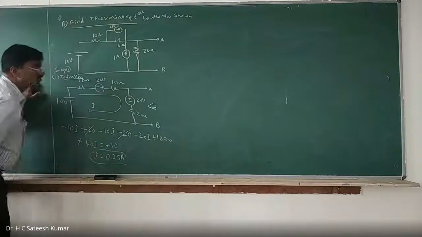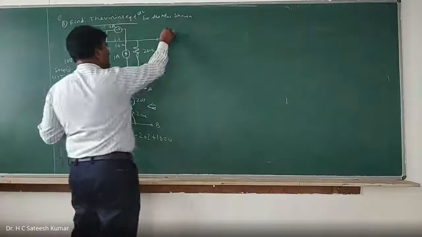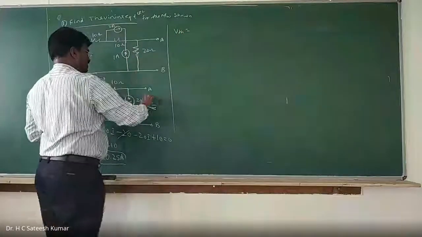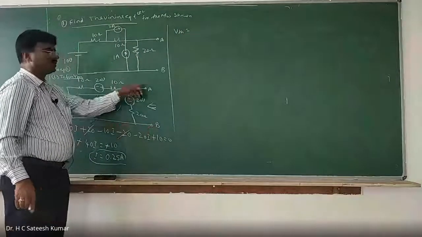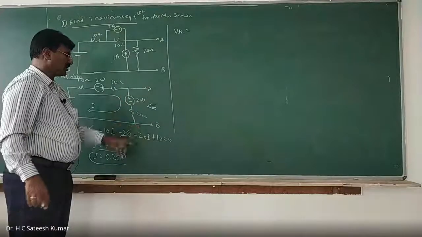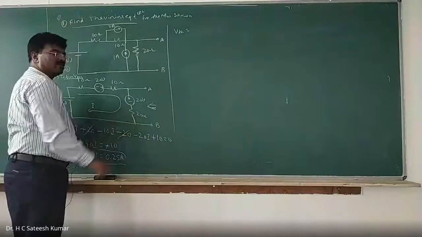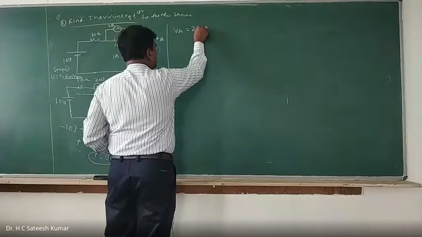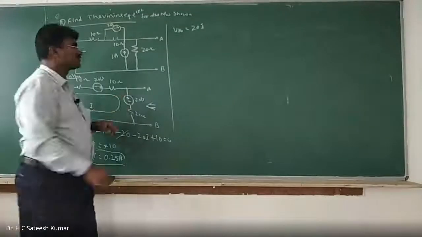Now, find out the VTH. VTH is the voltage across this one. So, go from here to here. That is the voltage. How will you find out? The current flowing through this is I. So, against you are going. Therefore, VTH is 20I, minus to plus is plus.